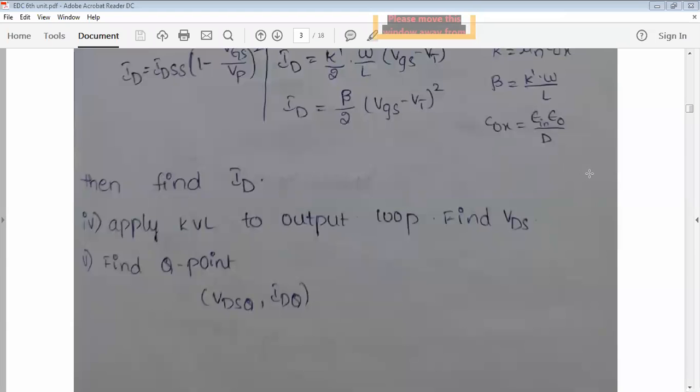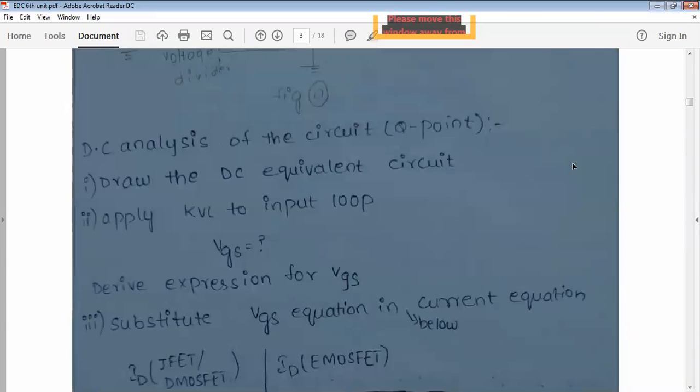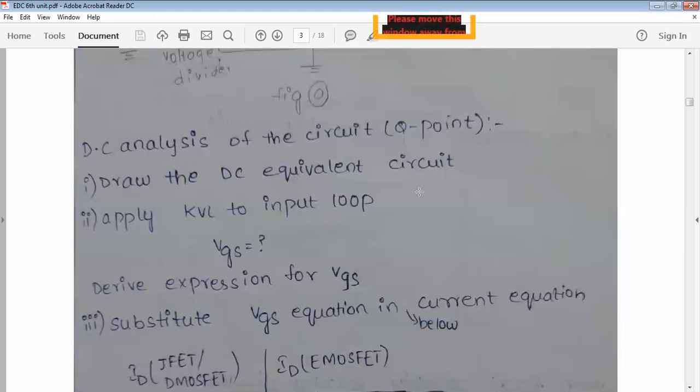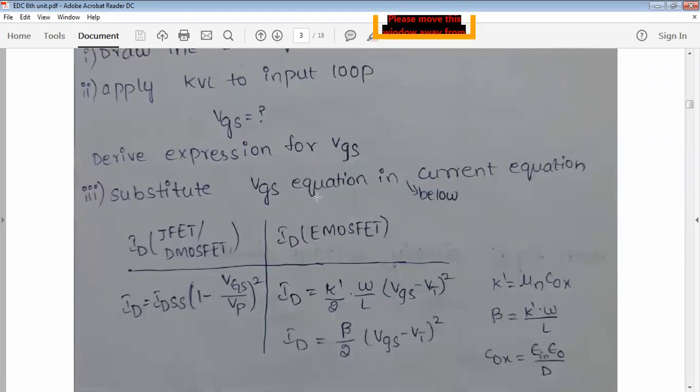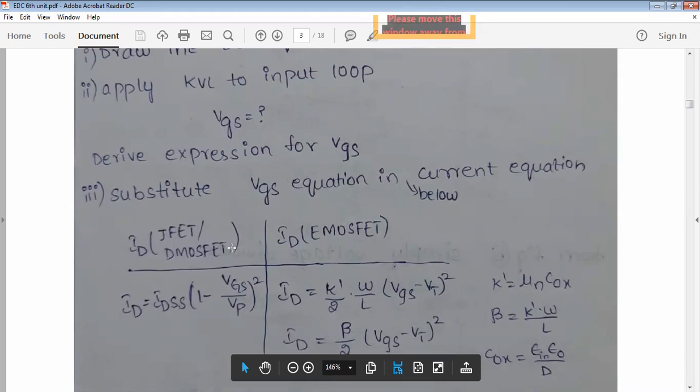Once again, the procedure is: draw the DC equivalent circuit, then simplify the gate network, then apply KVL to the loop, derive the expression in terms of VGS or ID, and substitute into the VGS or ID equations corresponding to the JFET, depletion mode MOSFET or enhancement mode MOSFET.